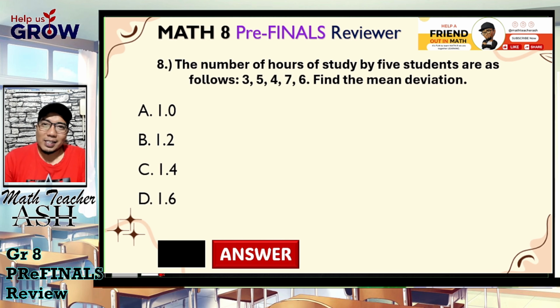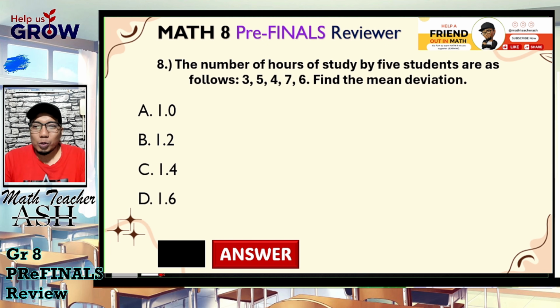What we do next is we subtract the mean from each value. So 3 minus 5, 5 minus 5, 4 minus 5, 7 minus 5, and 6 minus 5. The results, using the absolute value, are 2, 0, 1, 2, and 1. The next thing we do is we add them.